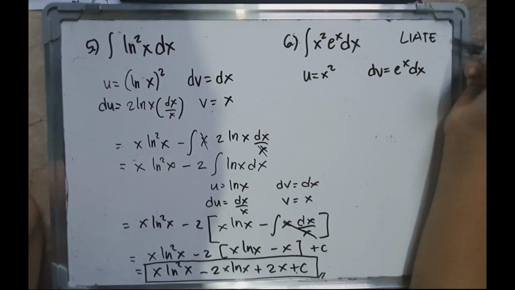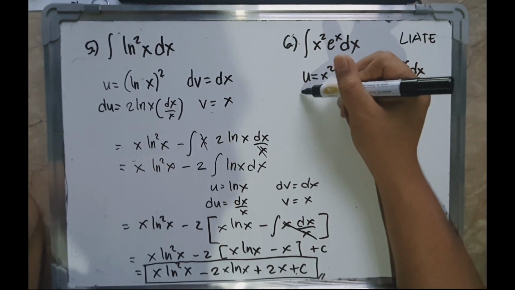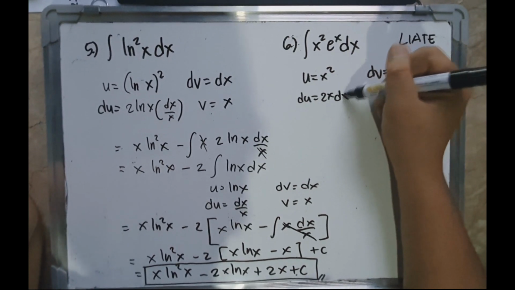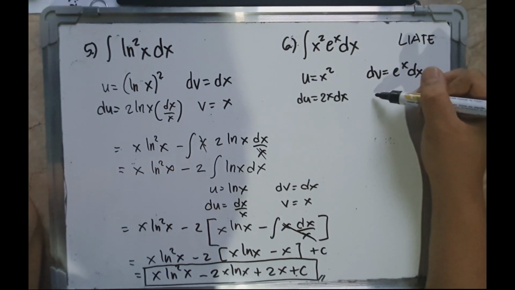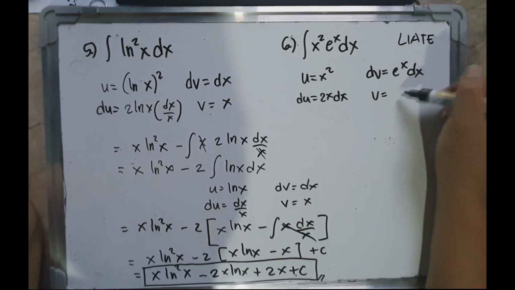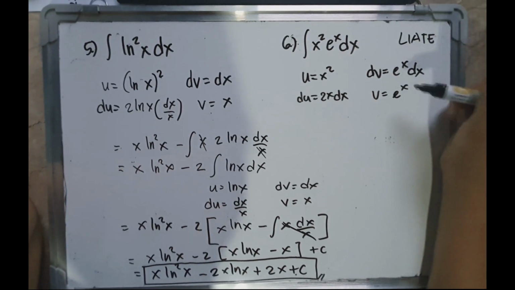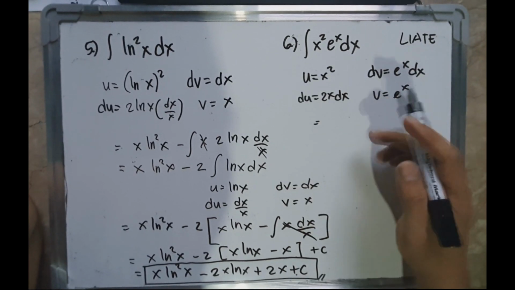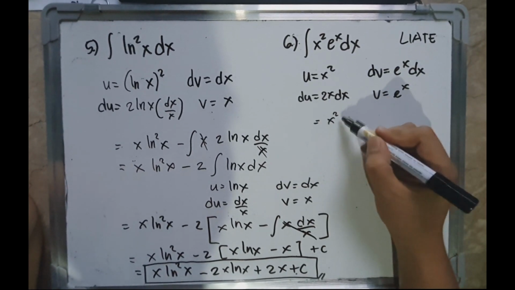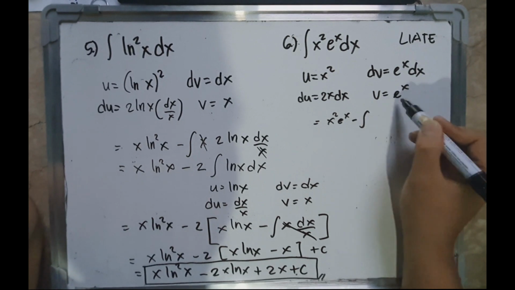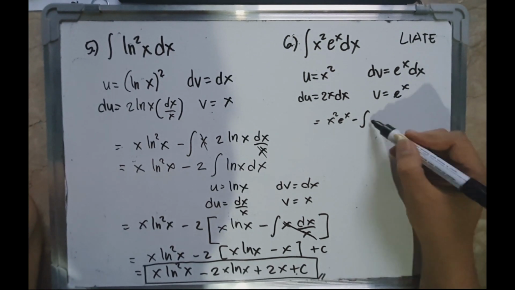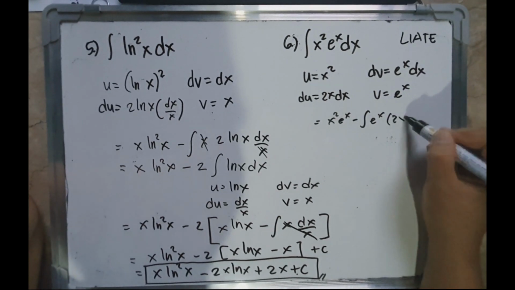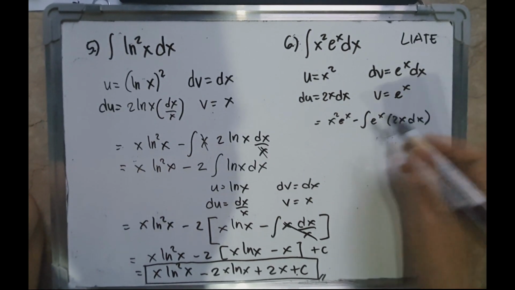The derivative of u, 2x dx. The integral of dv, e to the x dx, that is v, e to the x. Applying u times v, x squared e to the x minus the integral of v, e to the x, multiplied with the du, 2x dx.